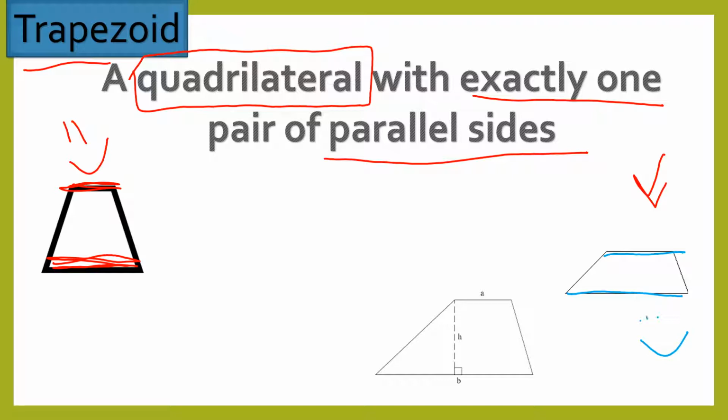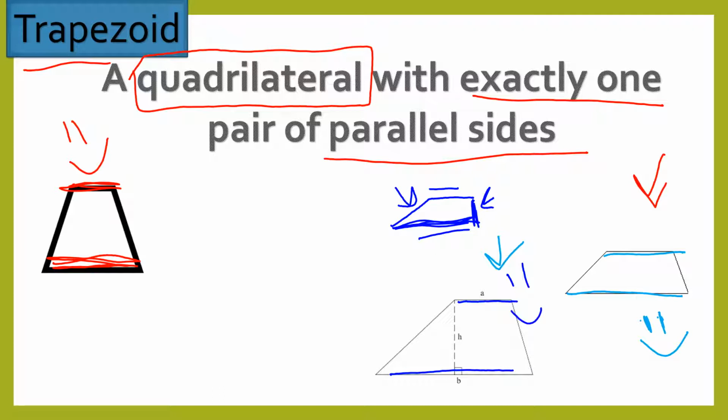Yes, you are a trapezoid. How about this guy right here? You are a trapezoid. You can have trapezoids that go like this. One side could be slanted and the other side does not have to be. It's still a trapezoid because it has 1 set of parallel sides. So you are a trapezoid.